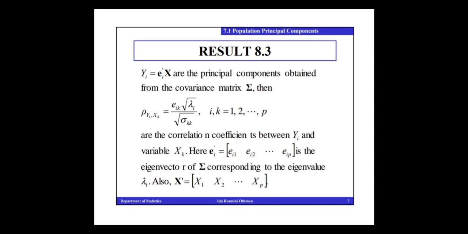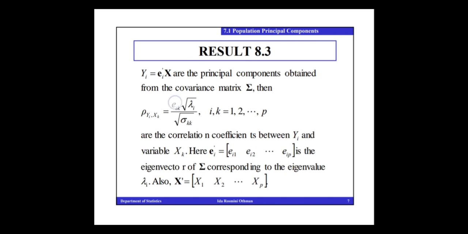Okay, lambda ni belongs to the principal components, divided by the square root of sigma, that is the standard deviation of the variables. Let's say you want to find the correlation between the first principal component and the first variable, so it will be rho y1 x1.